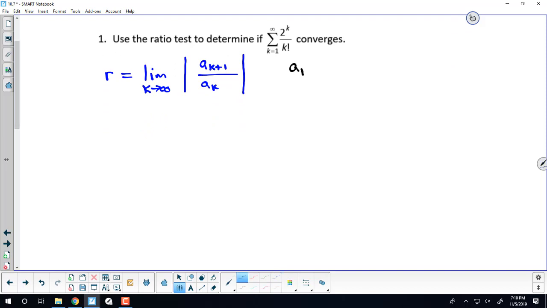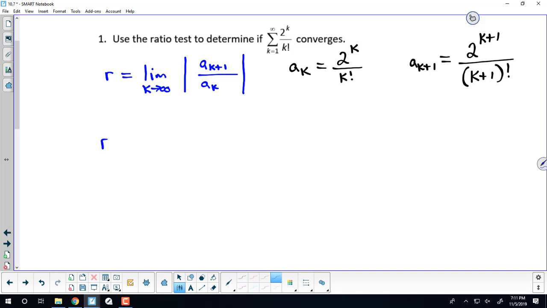We have our kth term as this, and then our k plus 1 term as 2 to the k plus 1 over k plus 1 quantity factorial. So we're going to look at the ratio of those successive terms out at infinity.